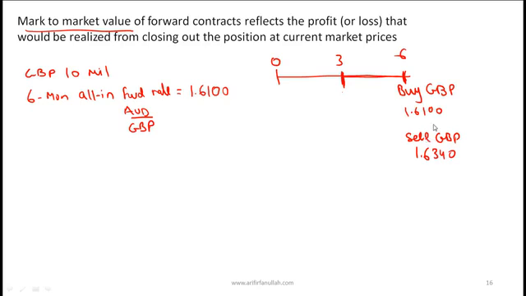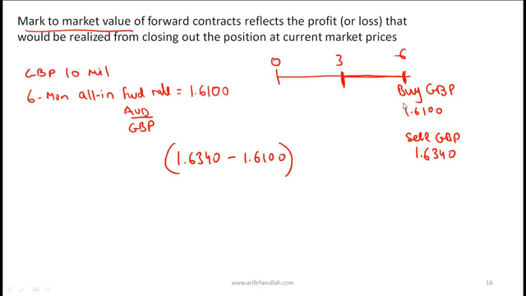Given that we can buy a pound for 1.61 and sell a pound for this much, that means that on a per pound basis we can make 1.6340, that's how much we are selling for, minus 1.6100, that's how much we are buying for.